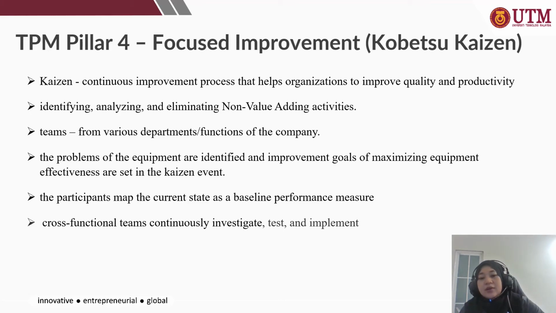For example, if we are from the engineering team, we can only see the problem from the engineering side. But if we gather information from other sections like process management and so on, it's easier for us to identify and analyze the problems.